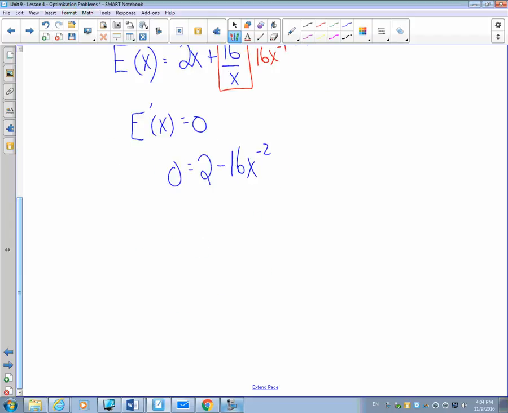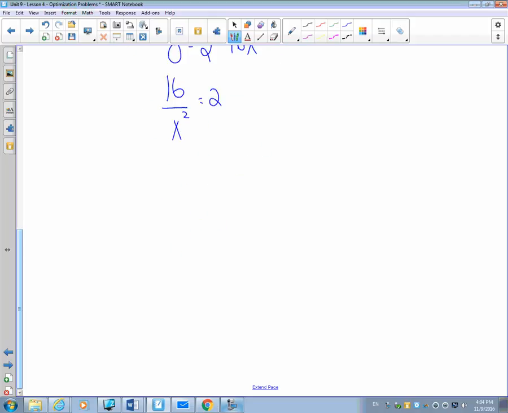Using our process from last time, I can put 16 over x squared on one side, 2 on the other. I'll get 16 equals 2x squared. Divide both sides by 2, I get 8. Square root of 8 comes out to, we'll use our decimal version here, 2.83. There's my x. What did we say y was? We said y was 16 over x, right?